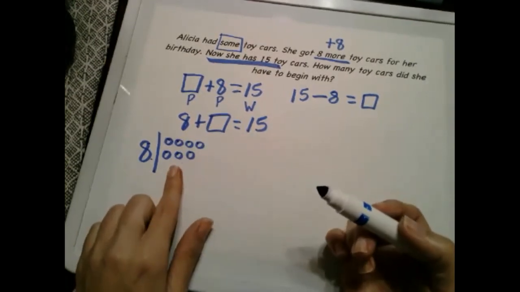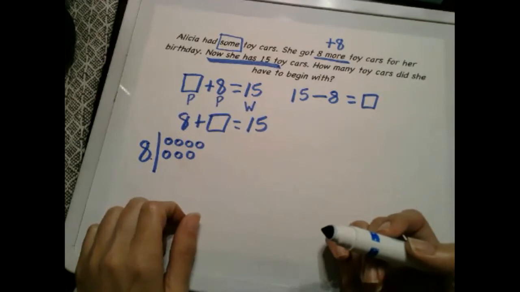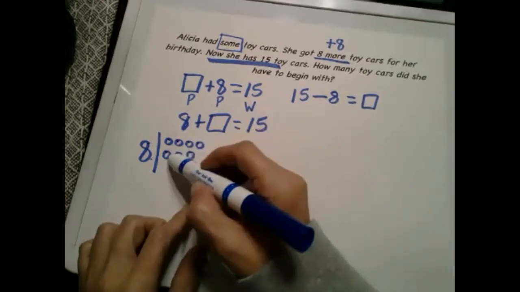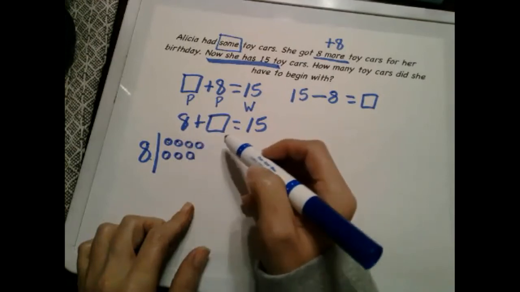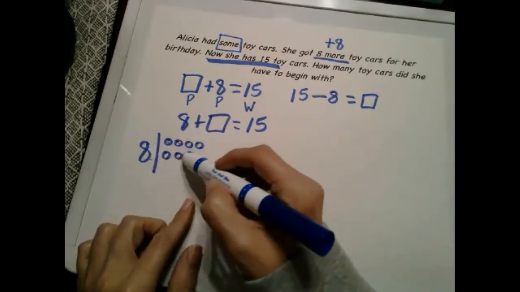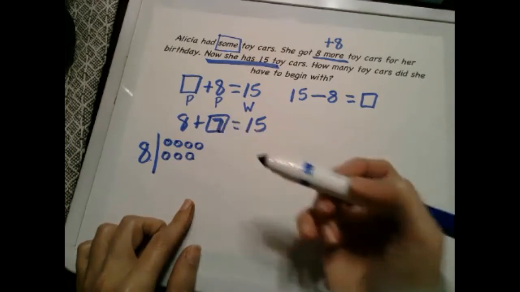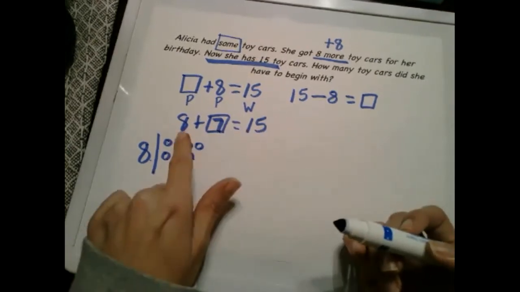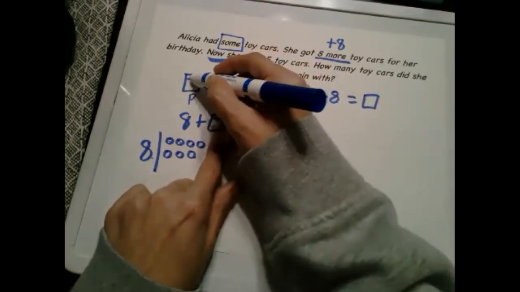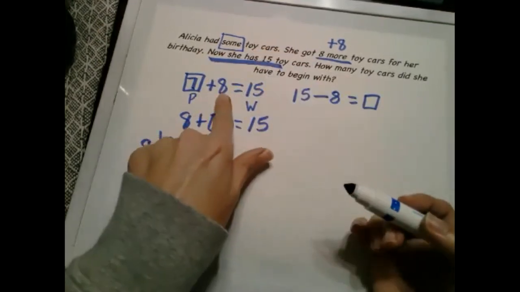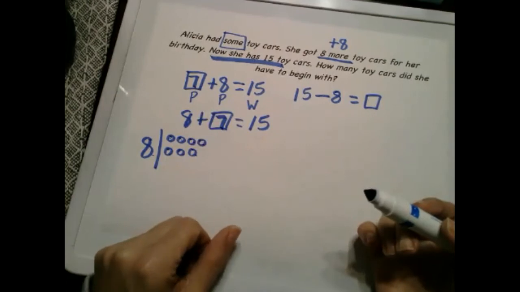How many did they have to add to get to 15? Let's see. 1, 2, 3, 4, 5, 6, 7. So 8 plus 7 equals 15. If 8 plus 7 equals 15, then 7 plus 8 equals 15.